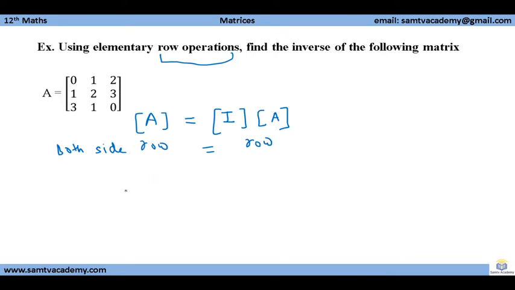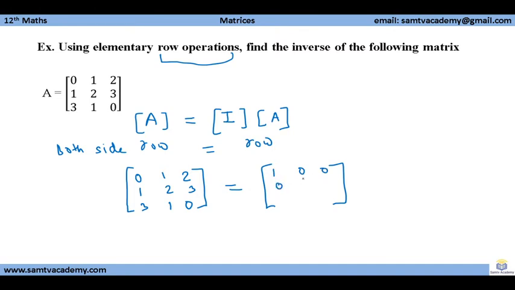So let's write first here A. So what is A? A is 0 1 2, 1 2 3, 3 1 0, and that equals the same order identity matrix, so it is 1 0 0, 0 1 0, 0 0 1, and A we have to write like this.